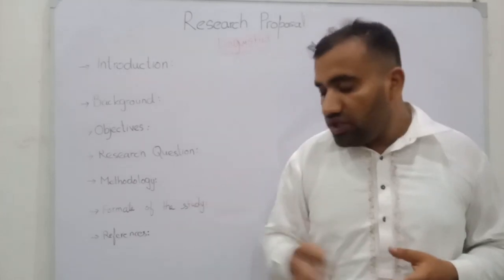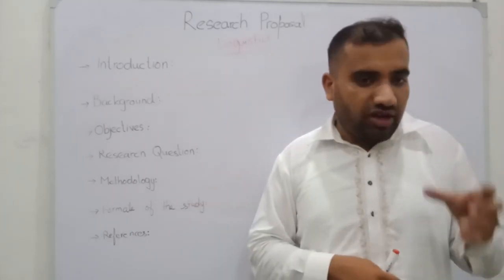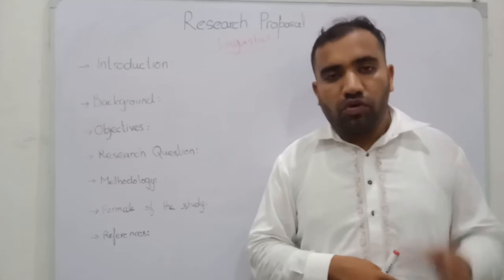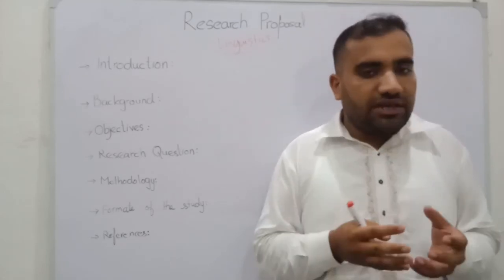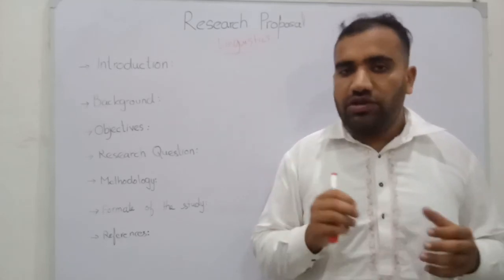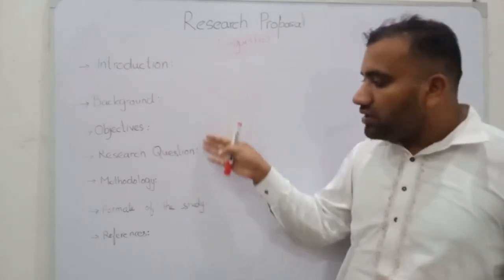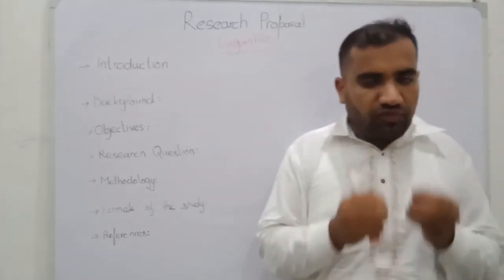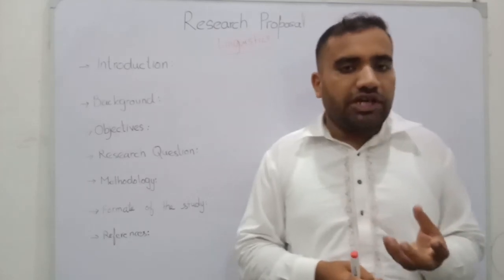And the last one is you have to put the references, the articles, the books that you have read for conducting the research study. And these are the universal headings that you must follow when you wish to write your research proposal.